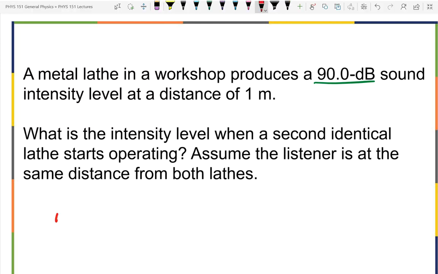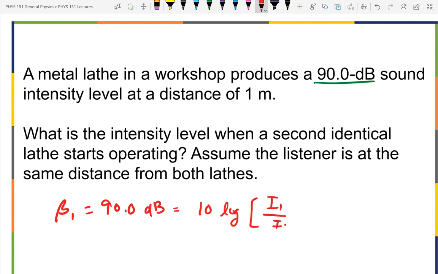So we have the intensity level for 1 is 90.0 decibels, and that's equal to, by definition, 10 log of intensity of 1 over the reference intensity.